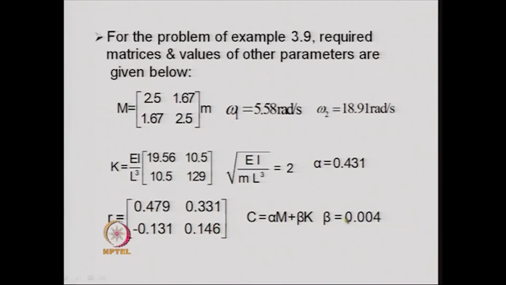The alpha and beta calculated with the help of these two frequencies were 0.431 and 0.004, and this was the C matrix that we constructed, along with the R that we determined before, that is the influence coefficient matrix.